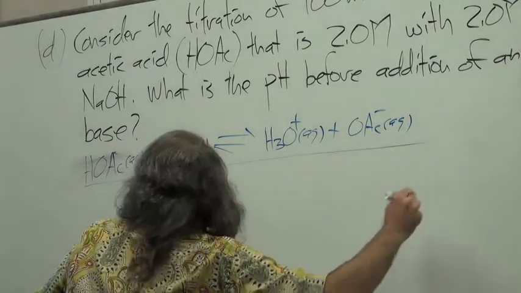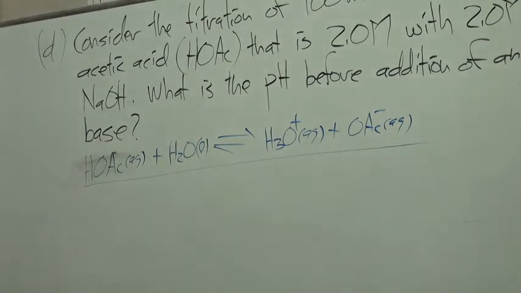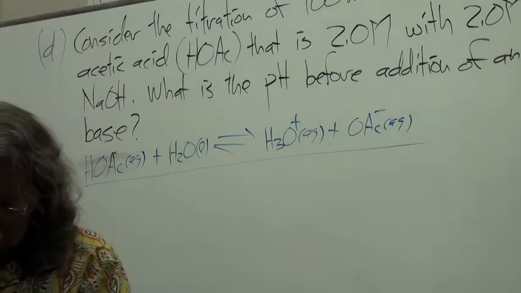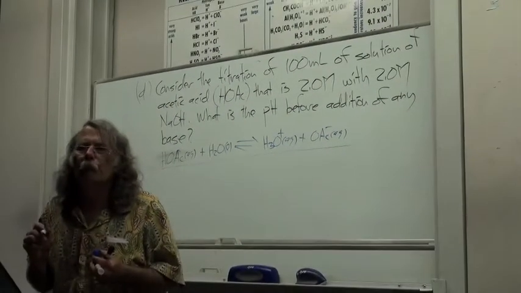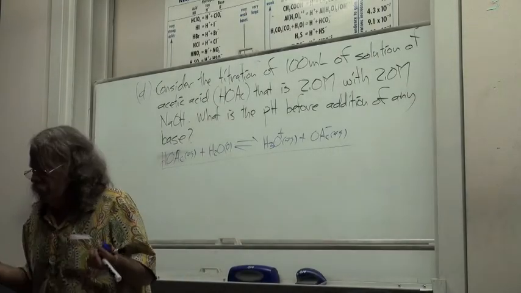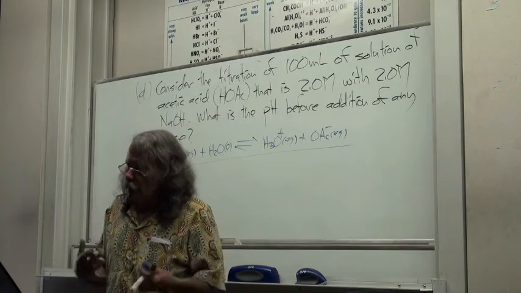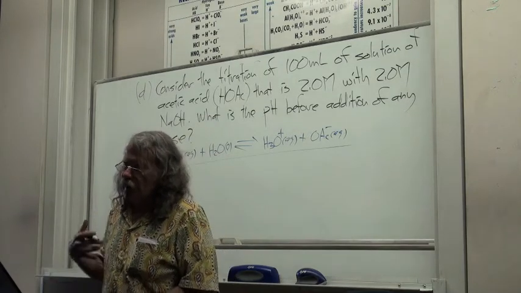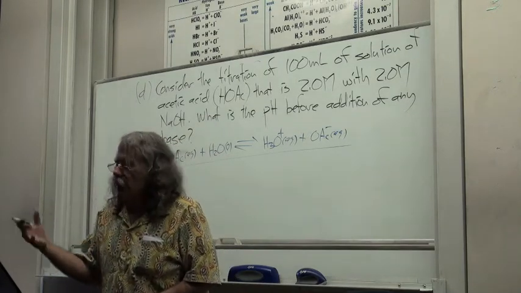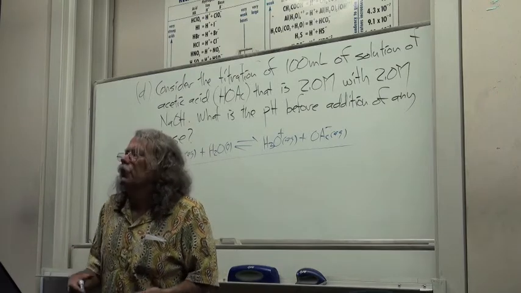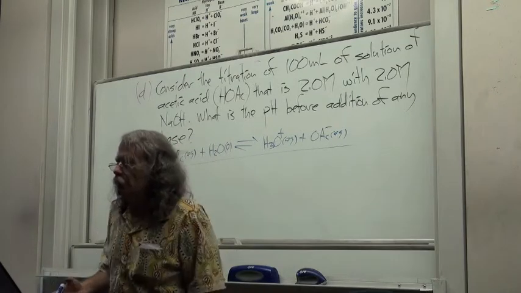And then over here in the corner, I want to see if my approximation is going to be valid. And what do I have to know for that? Divide your molarity by your K. Yeah, I have to divide my molarity by my equilibrium constant. And if it's greater than 10 squared, or 100, then my approximation is going to be valid.